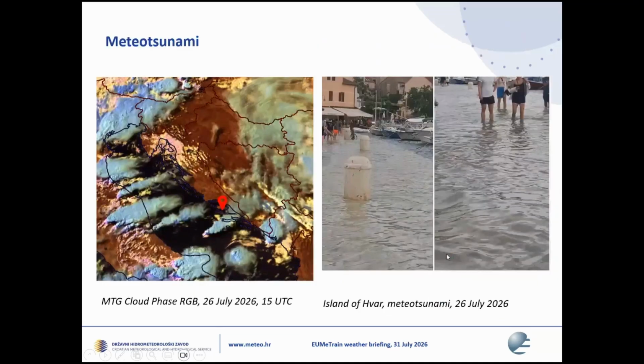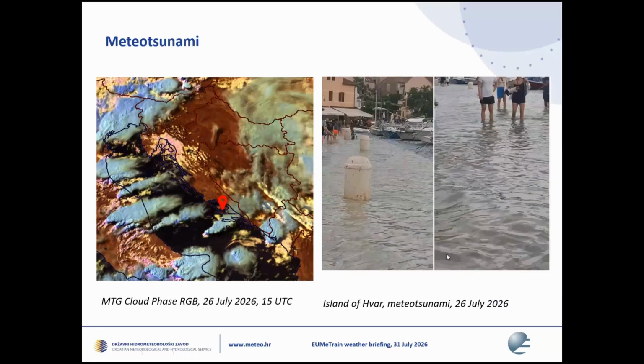Well, we had really interesting weather in Croatia. As I said, the storms were weakening, and we didn't have any great impacts like hail or wind gusts during the day, but something really interesting happened on the island of Hvar.